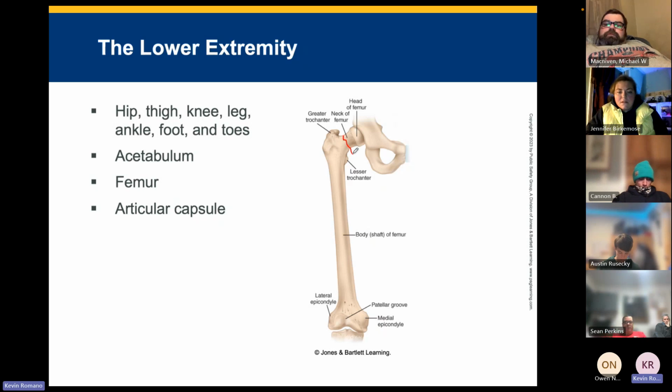So a lot of times for surgical repair, they'll come in with a small incision right here, and they'll put a screw through this, holding that together. Okay. This is where most of the fractures happen.